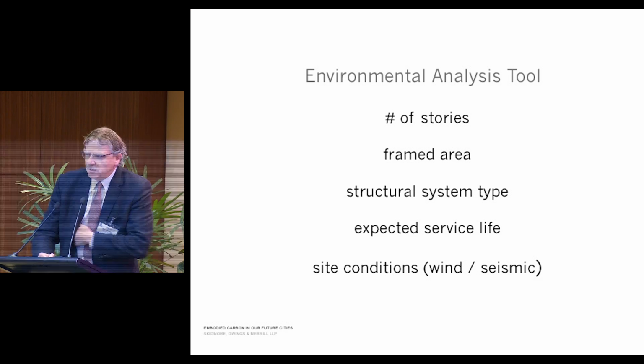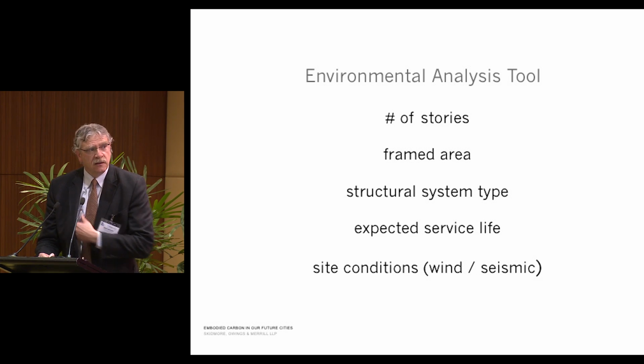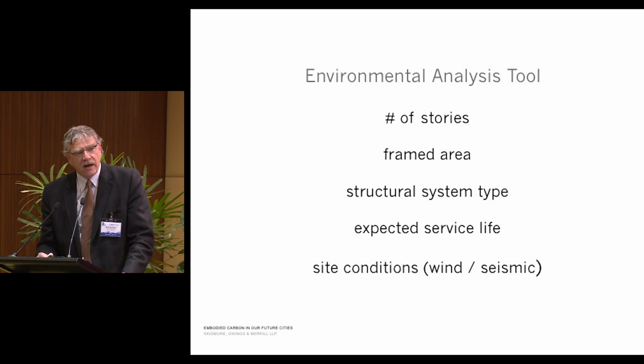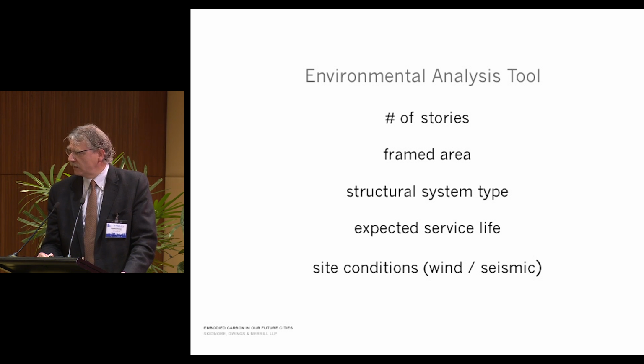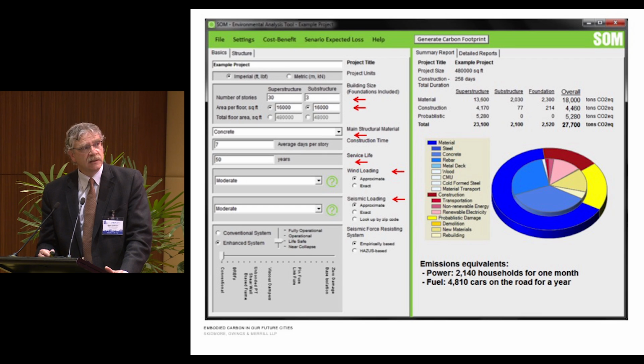So what we've done is we've made it really simple. You can take these 5 elements and define carbon for buildings initially. And you can define it later in the design life. So number of stories, framed area, structural system type, expected service life, and the site conditions, wind and seismic.